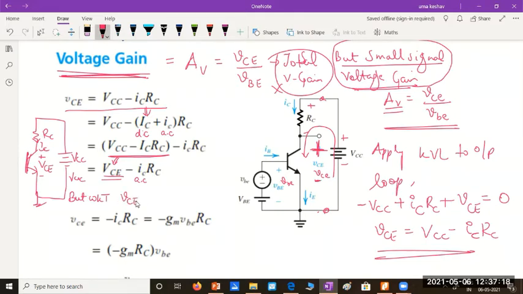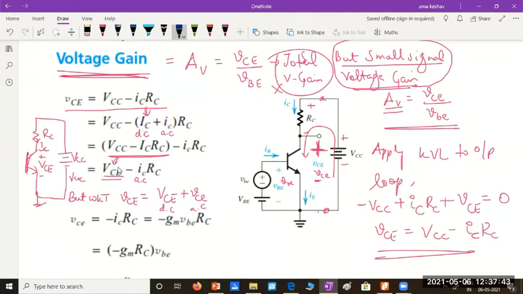But we know that the total instantaneous VCE can be written as capital VCE plus small VCE. For anything we know, the total instantaneous value is the capital or the DC value plus the AC value. Always we have done that. So what happens?